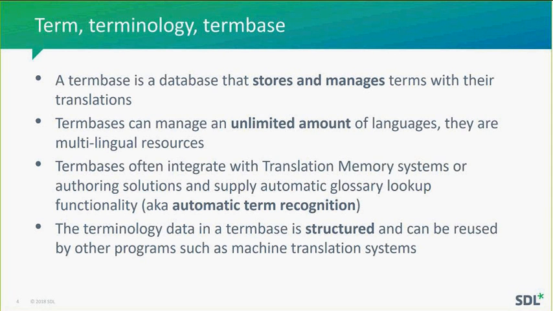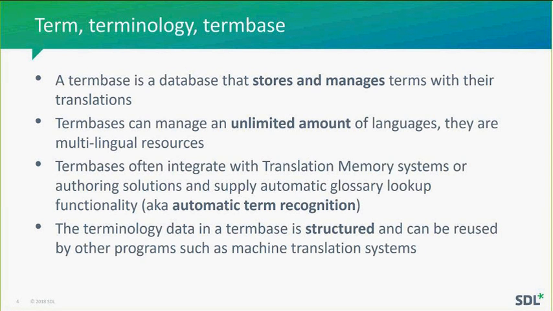The term bases then often integrate with a translation memory system or authoring solutions and allow automatic glossary lookup, or what we call automatic term recognition. So while you translate or while you author a text, you get matches from the terminology database, and it helps you finding the right words when you write a source or a target language text.